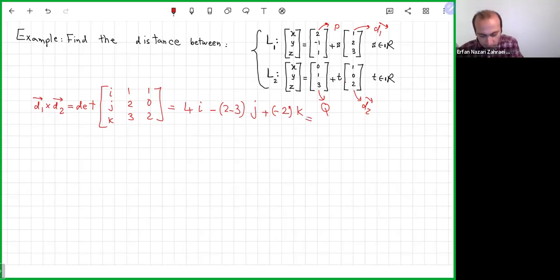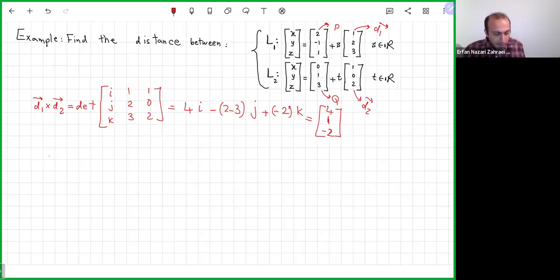So the vector that I want is this vector: 4, negative of negative 1, which is 1, and negative 2.